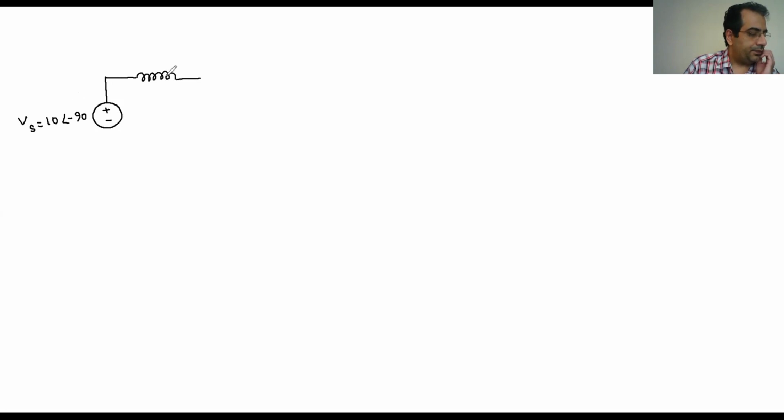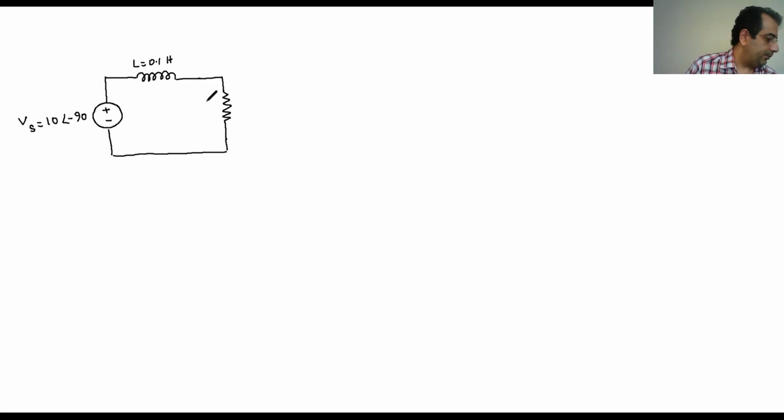an inductance, that is L is 0.1 henries, and then it's going to be connected to the resistance with 100 ohm.